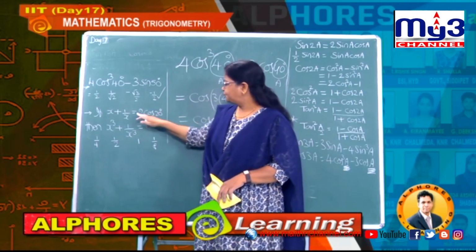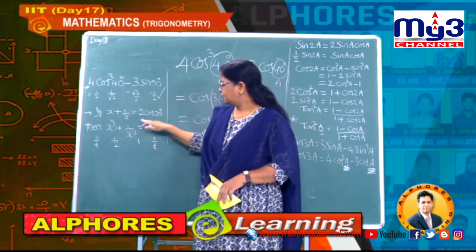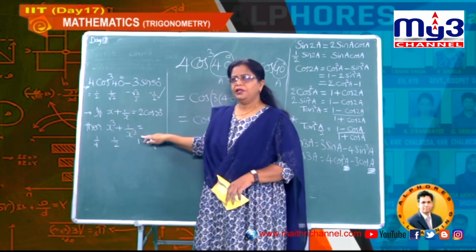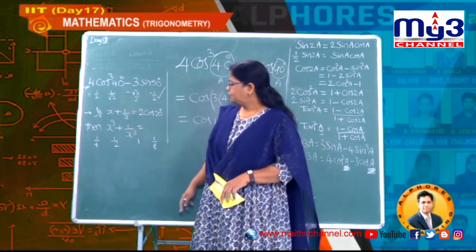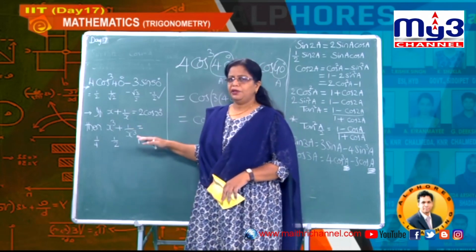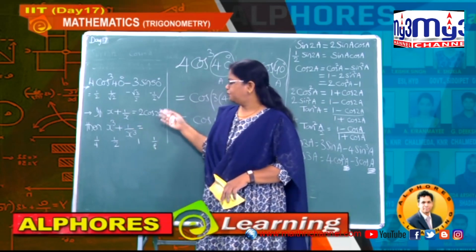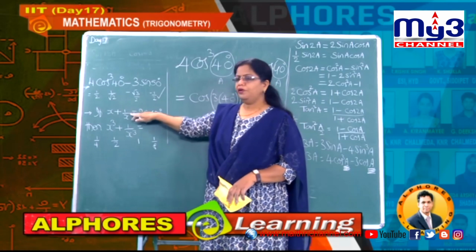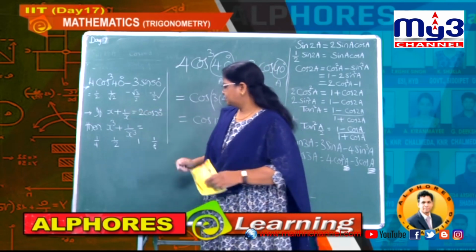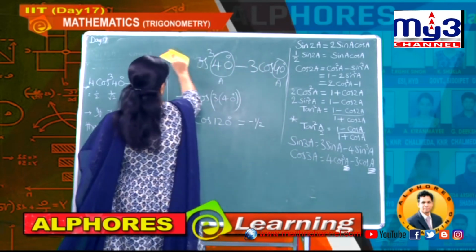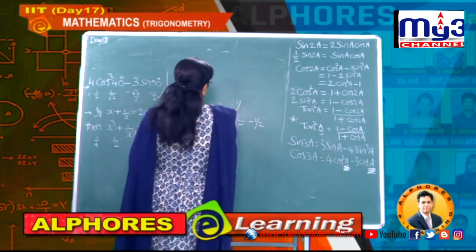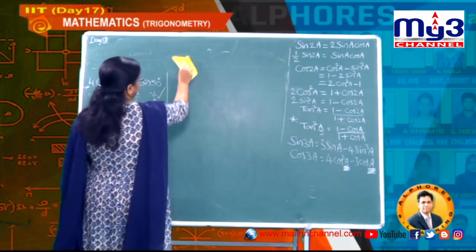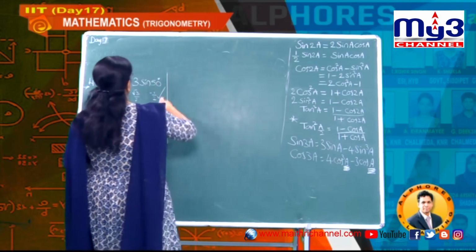Okay. Now this is given and they are asking about x cube plus 1 by x cube. That means you know the formula for a cube plus b cube, and I want to make use of it, as you know about this value. So let us do this problem, students. Let us write the a cube plus b cube formula. What is it?